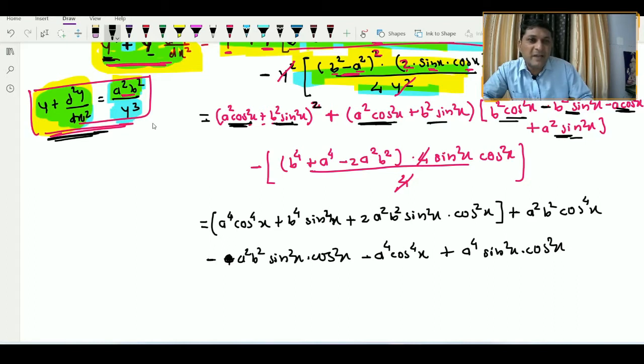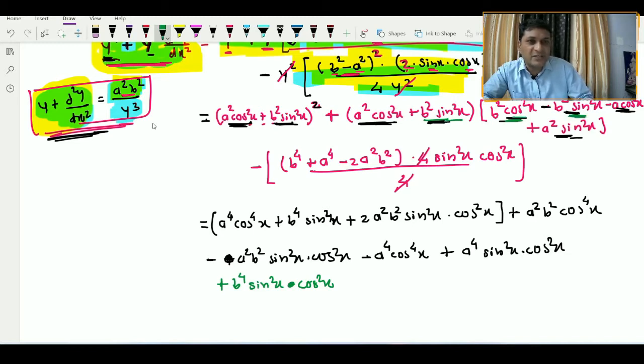Now I am multiplying by b square sin square x to all the terms in this bracket. Observe this multiplication here. b square sin square x into b square cos square x will be equal to b raised to power 4 sin square x into cos square x. b square sin square x into the next term, b raised to power 4 sin square x into cos square x.